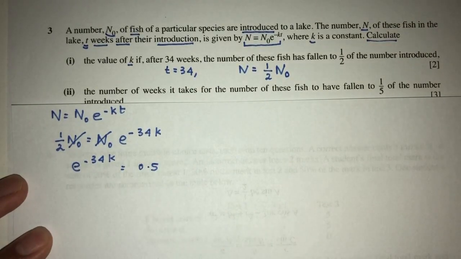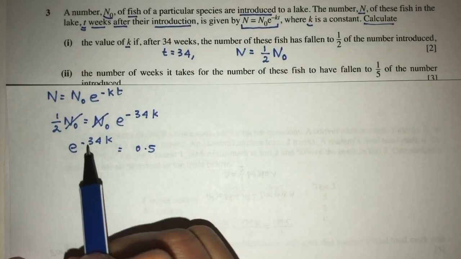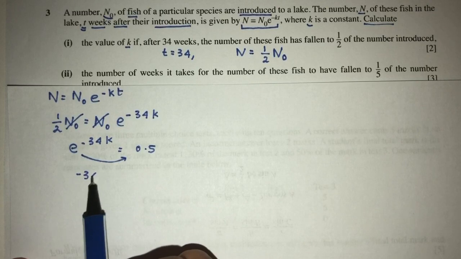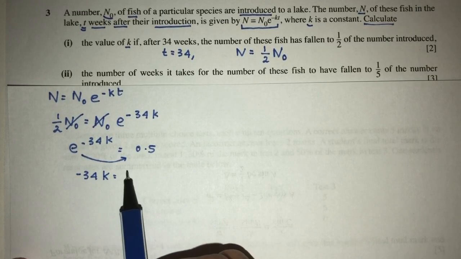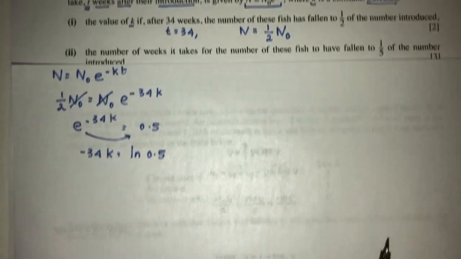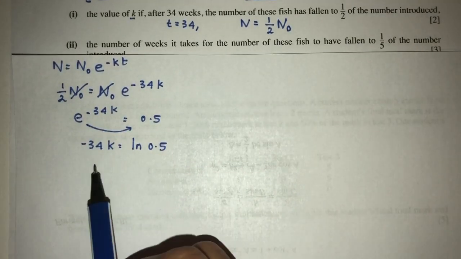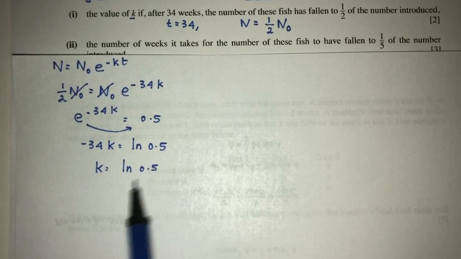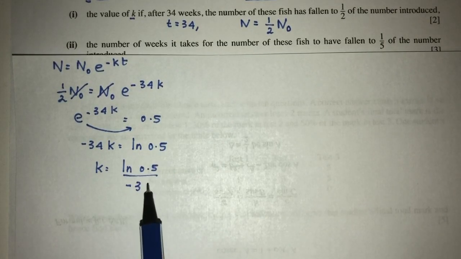Half is 0.5. Makes sense, right? Now, to find the value of k, we have to send this to this side. So minus 34k will be ln of 0.5. Now, k will be the value of ln of 0.5 divided by minus 34.